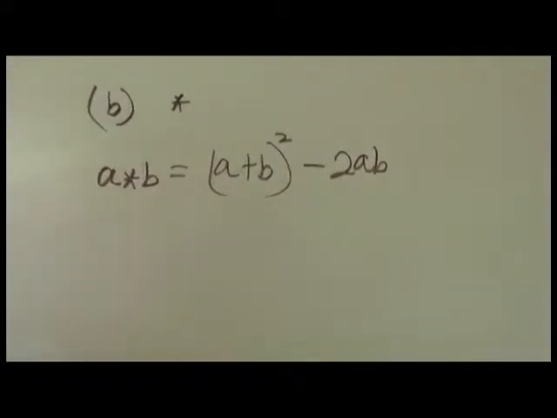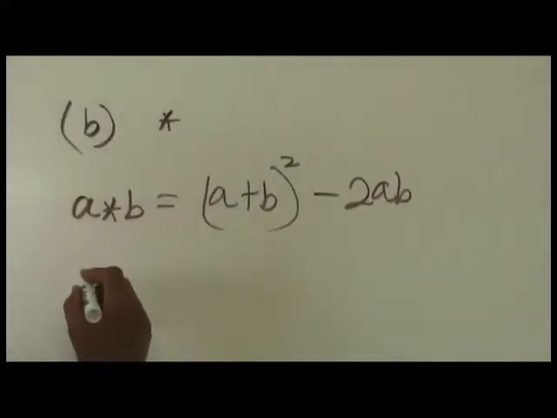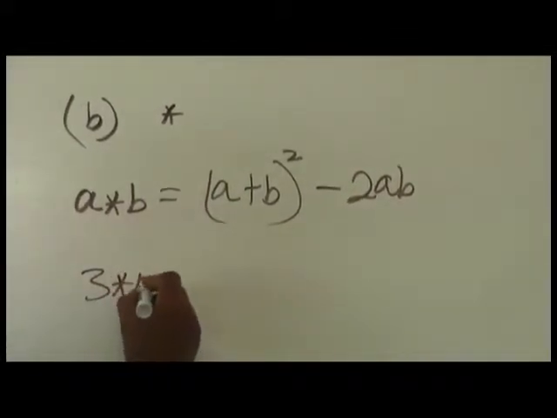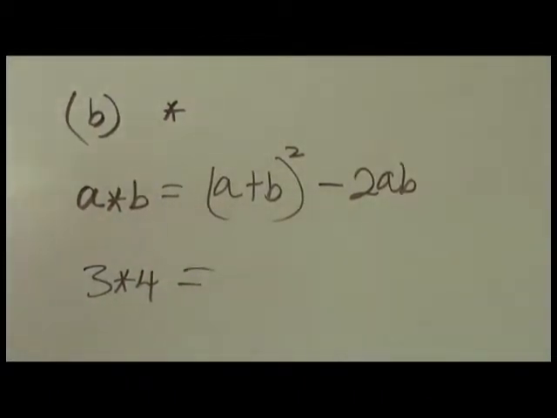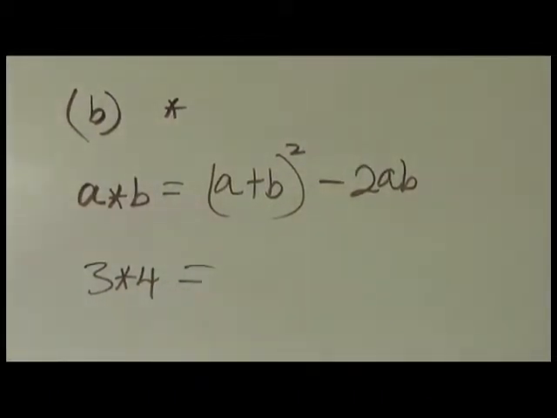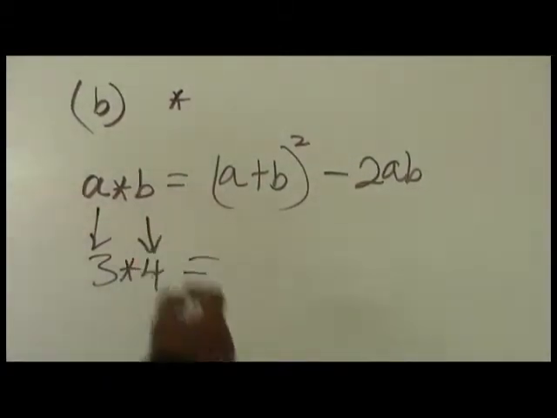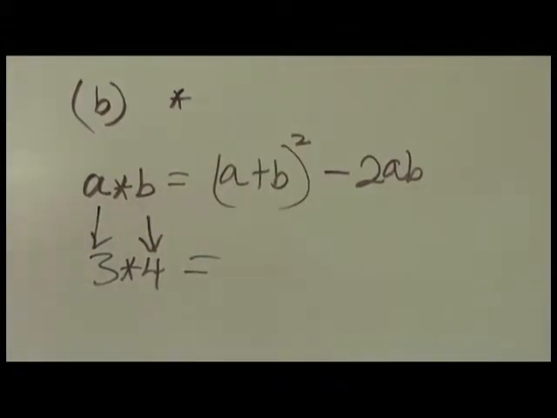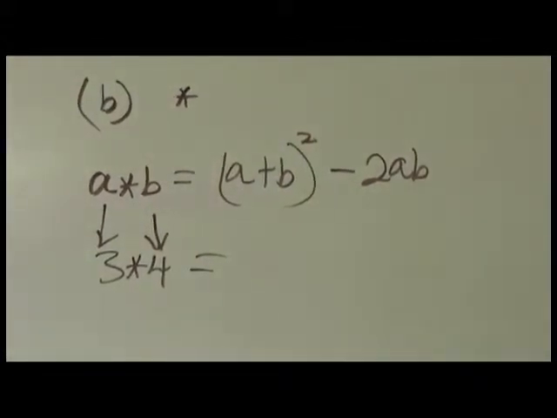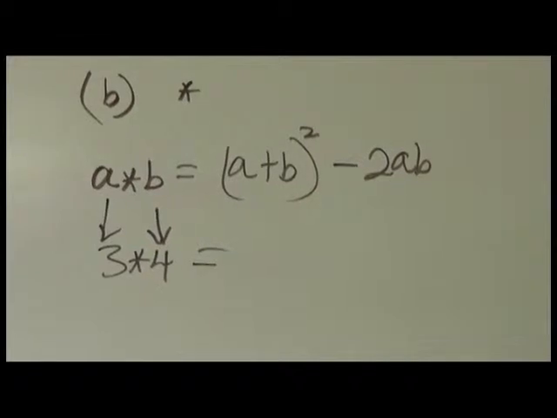And then it says, calculate the value of 3 star 4. And my friends, that is the same thing as substitution. The first number refers to the A, and the second number refers to the B. That is pure substitution again. So don't say, I don't understand these little things. That is what it is, pure substitution.